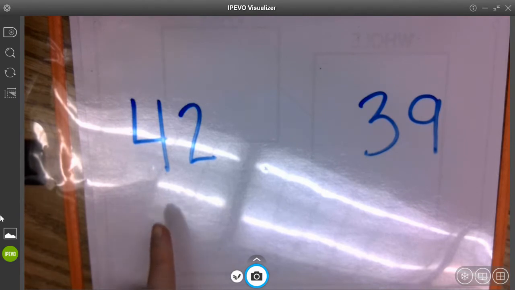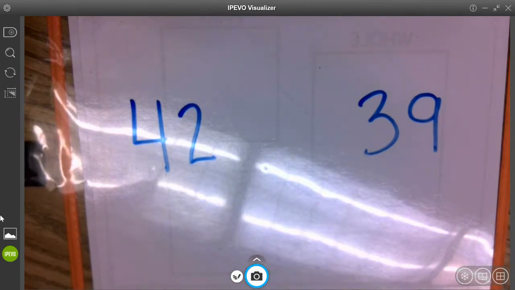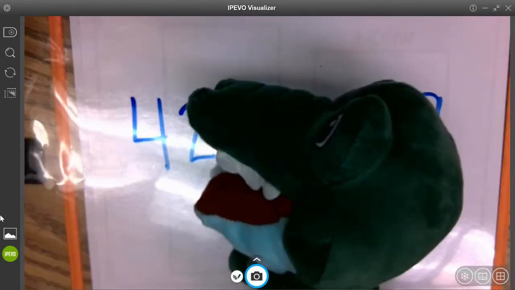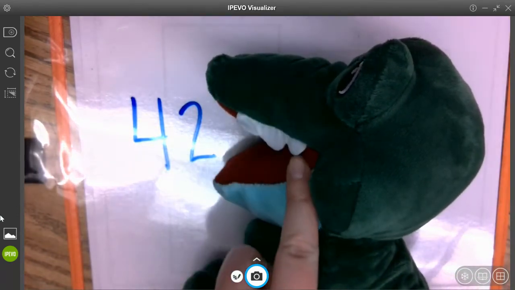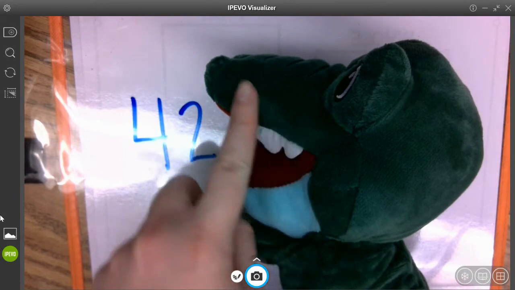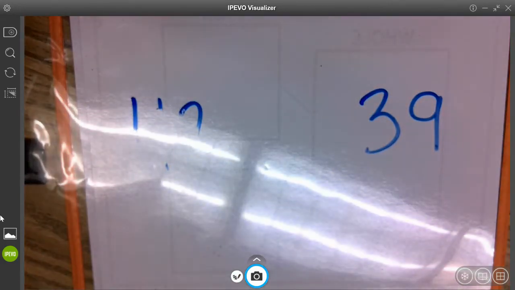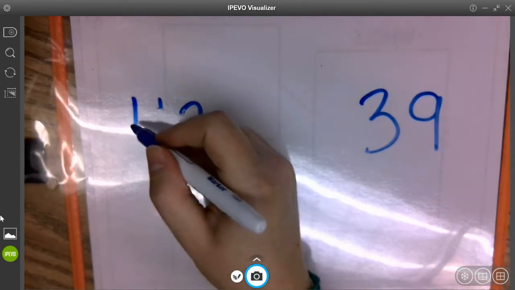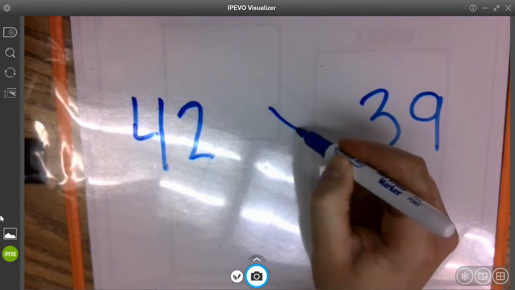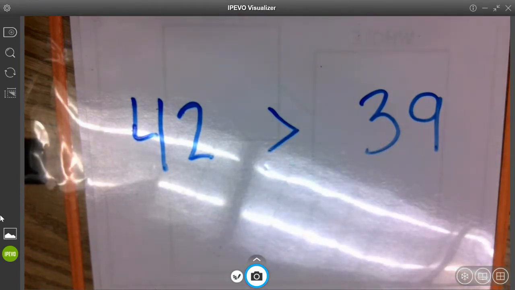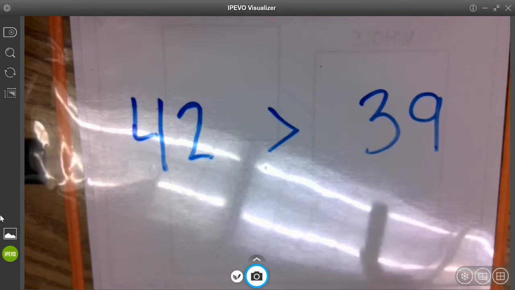Is he going to open it for 42 or for 39? He's going to open it for 42. We can see that line opening up his mouth. He's going to go eat his 42. So if we were going to draw that, we would show the mouth open for 42. 42 is greater than 39.